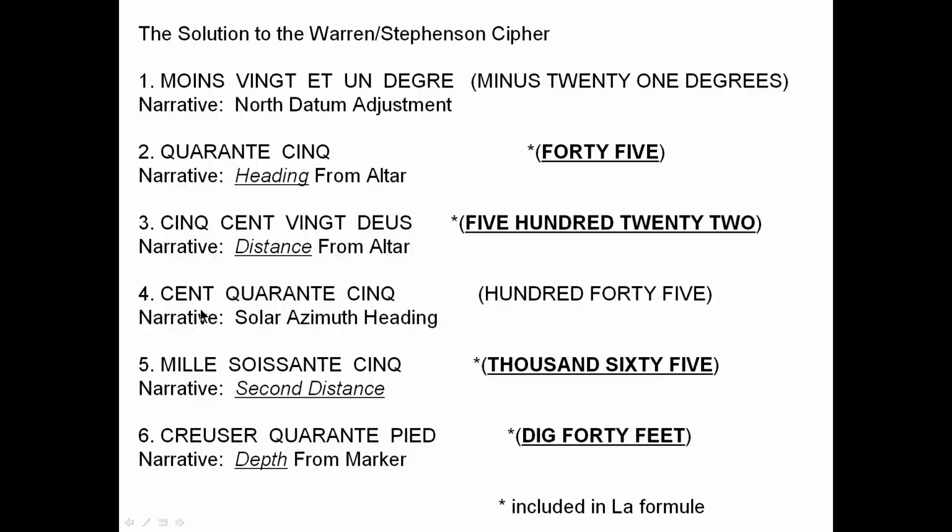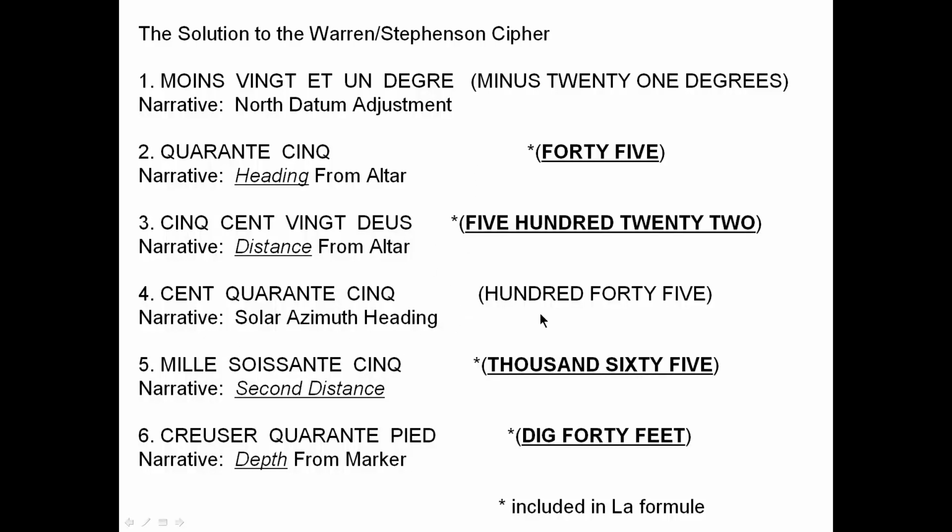Now the fourth one is Saint Quarte Cinct, which is 145. This is given as a solar azimuth heading. Generally solar azimuth headings are in relation to true north. So I don't know how this would fit in subtracting the 21 degrees from the 145.